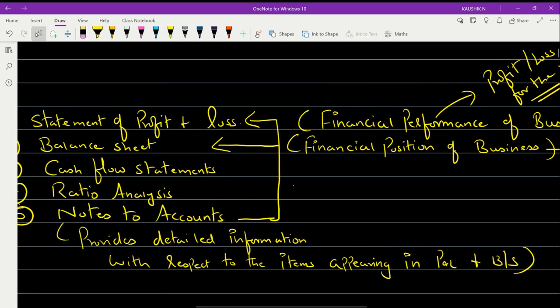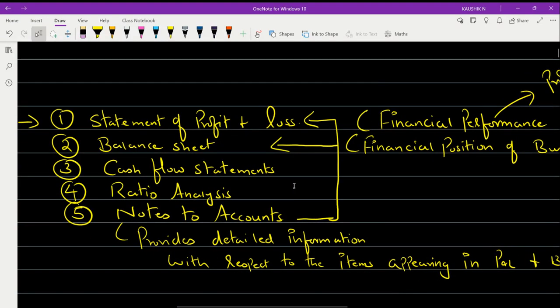Now, profit and loss account is also known as income statement. The other name of P&L is income statement.